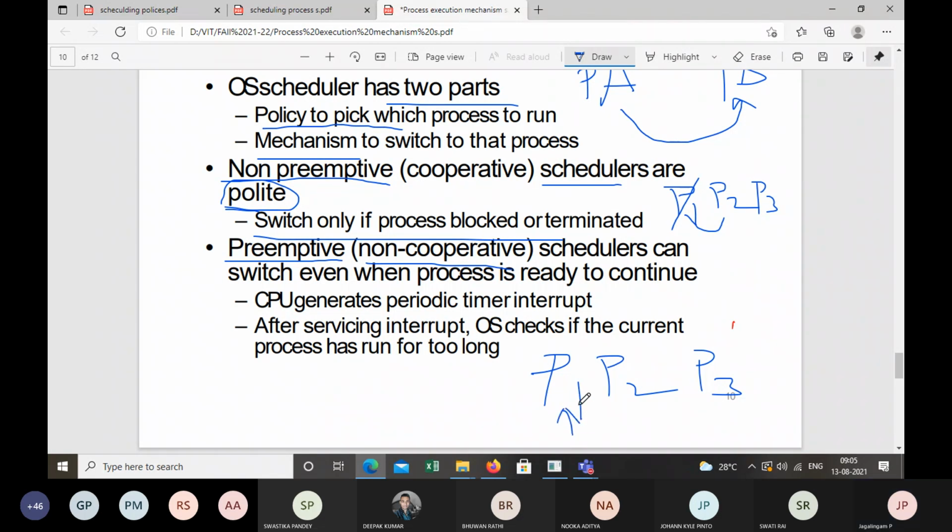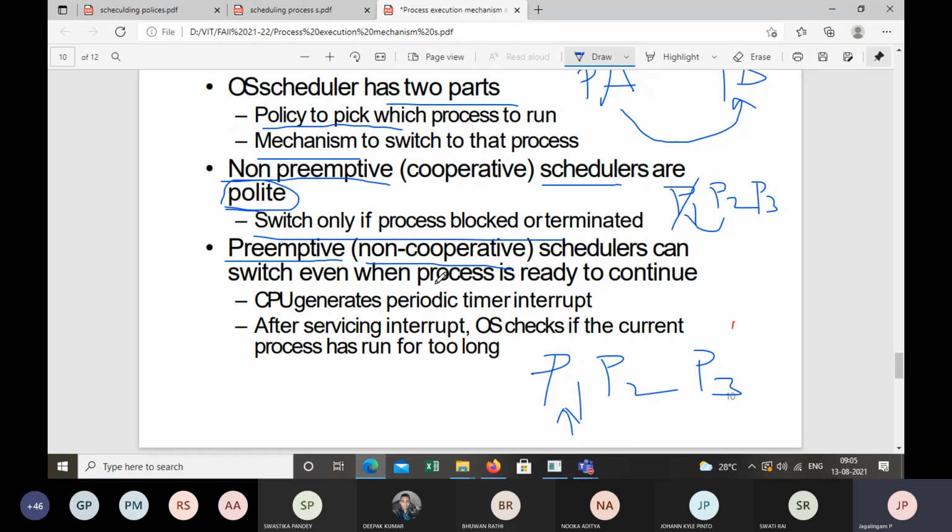run. In the case of non-preemptive, only when the process P1 is terminated or blocked does the scheduler move from process P1 to P2. But the preemptive scheduler makes a context switch from P1 to P2 even if the process P1 is ready to run.